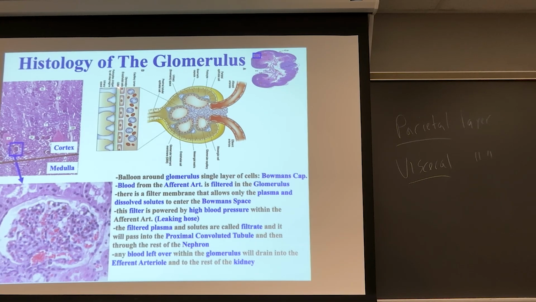Here is the endothelium. Endothelium is the simple squamous epithelium that lines the whole cardiovascular system. In this instance, the endothelium is very leaky. It is very fenestrated. Remember, fenestrations are holes, and these holes are of a certain size.